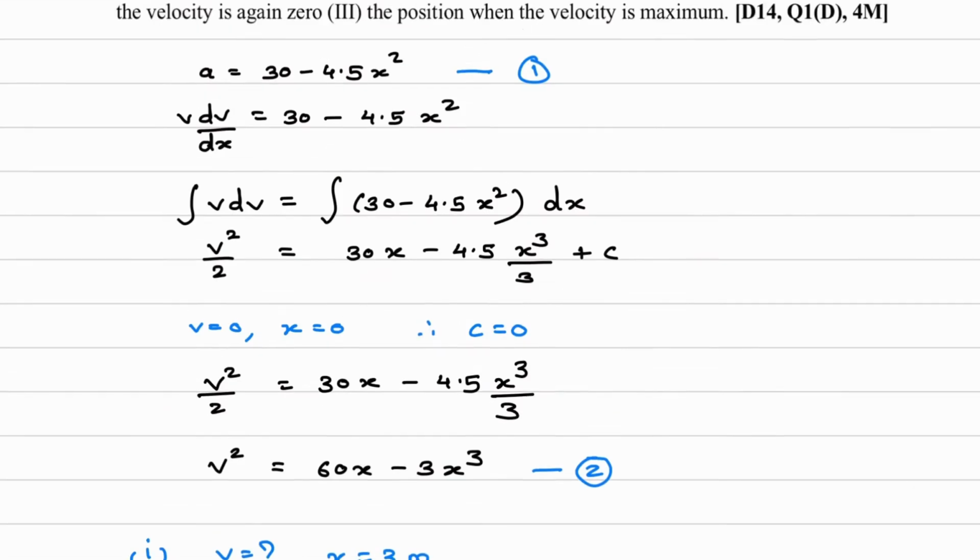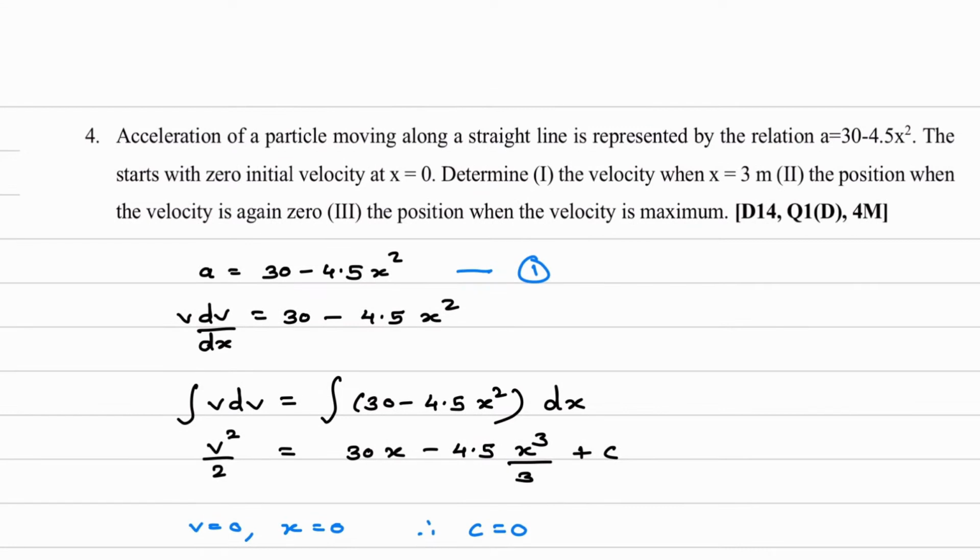Last question now. What is the last question? The position when velocity is maximum. What we have to do in this case? When is velocity maximum? Acceleration should be 0, or you can say dv by dt is 0. If you want to maximize velocity, then take the differentiation of velocity and equate it to 0, maxima.